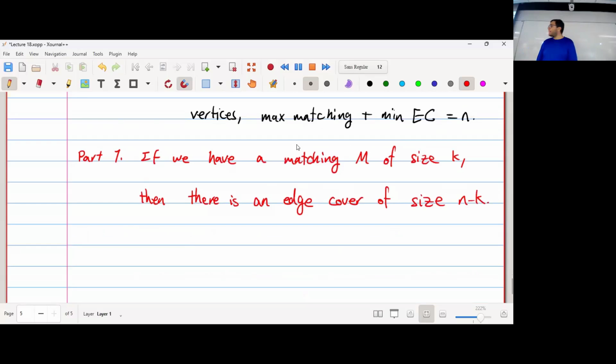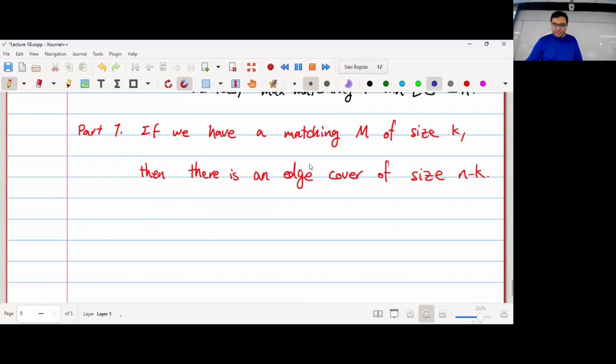Now, this might look hard, but it's actually one of the easiest theorems we have so far. So I have a matching, and let's say it's of size k. So I have k edges in my matching. This is my matching. Okay. There are k edges. I want to create an edge cover, which means that I want to choose some edges that cover all of my vertices.